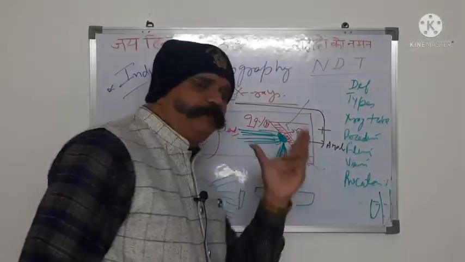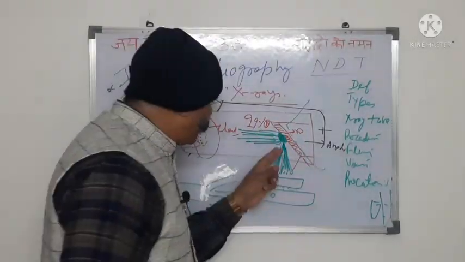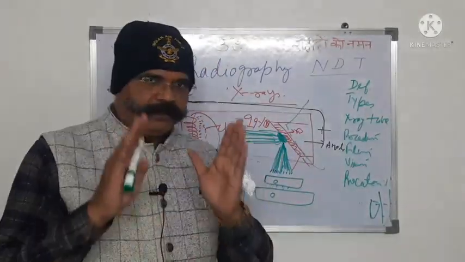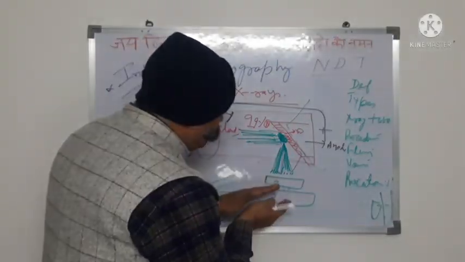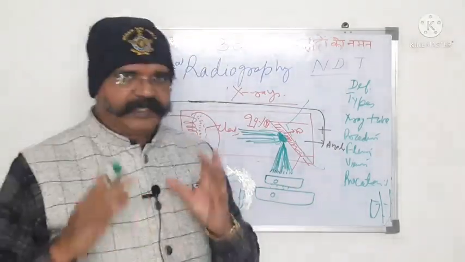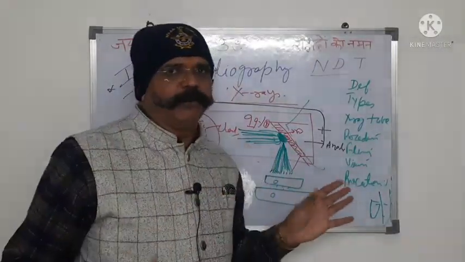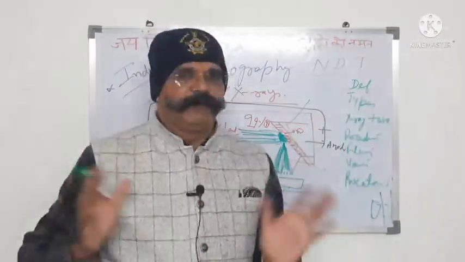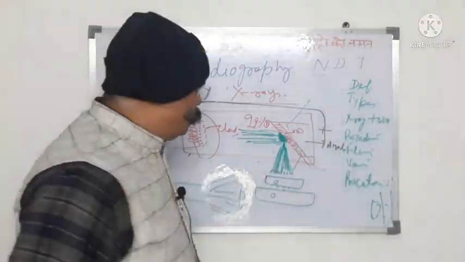So while placing the object and the X-ray film in X-ray radiography, it is to be observed that there is no gap between the object and the X-ray film, other than if some odd or complex shape or nature of the object is there, which is unavoidable. Now, angle also.